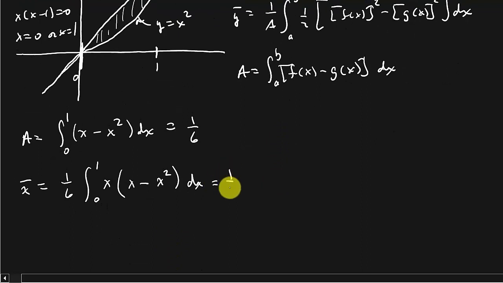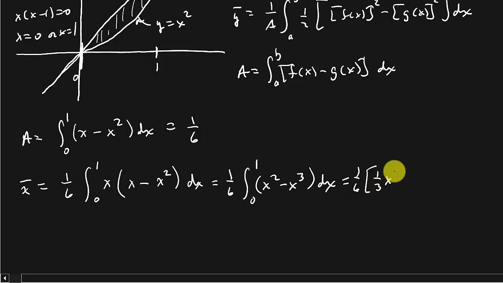And so this is going to give me 1/6 times the integral from 0 to 1 of x squared minus x cubed dx. And then we have to integrate that: 1/6 times 1/3 x cubed minus 1/4 x to the 4th from 0 to 1. And then you evaluate that and you end up with 1/2. So there's x bar right there.